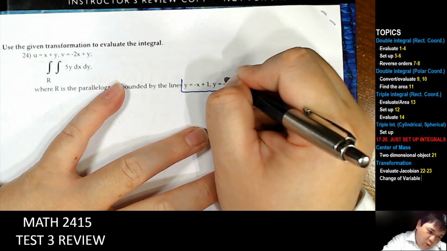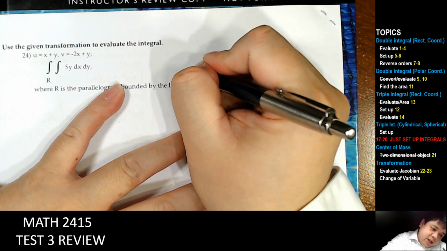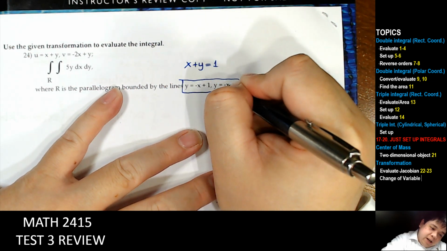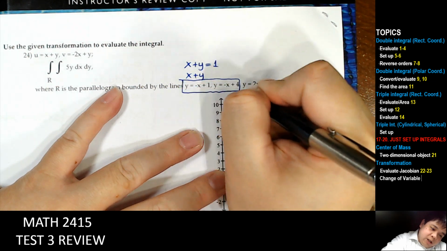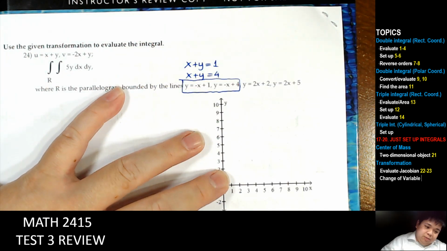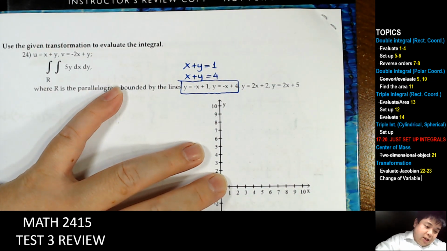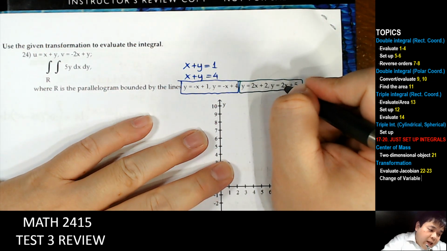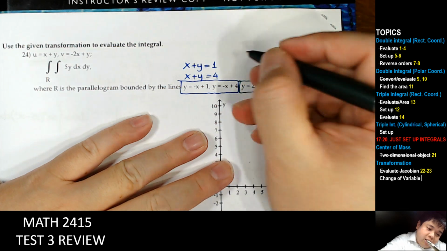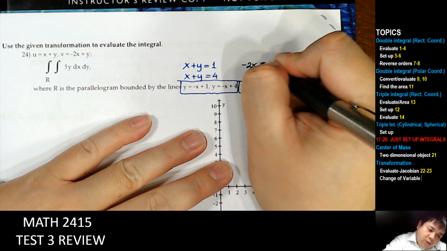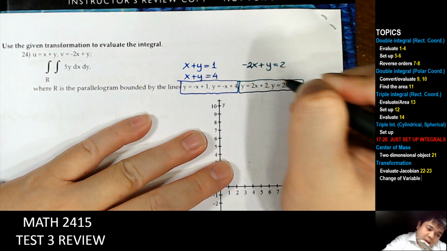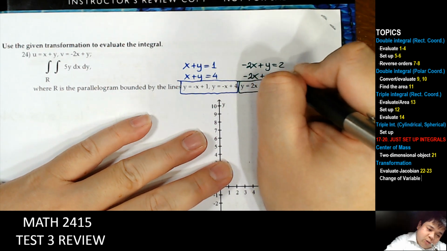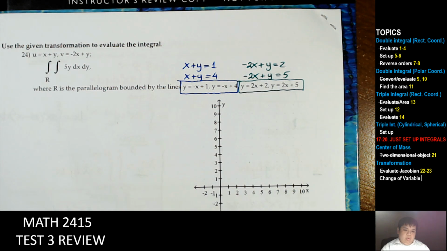Move x and y to one side, and I will say x plus y equal to 1, and x plus y equal to 4. These two, if I move the 2x to the other side, -2x plus y equal to 2, and -2x plus y equal to 5. We don't even need to draw it.